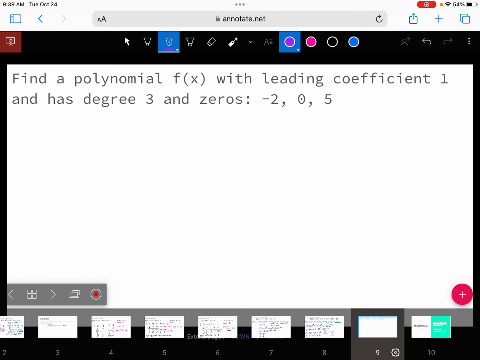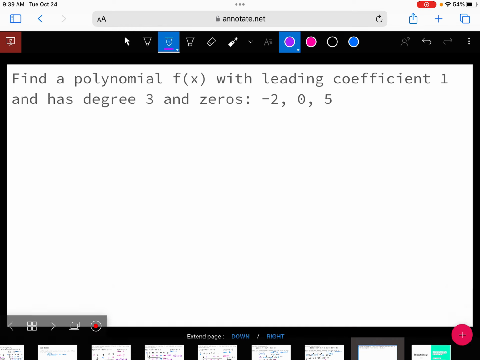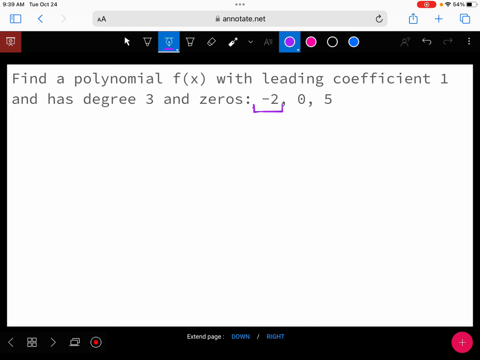So it's kind of going backwards from what we did, where we had factors and we found our roots. Here we've been given roots and we're going to find our factors. How do I write a factor that has a root of -2? x plus 2. How do I write a factor that has a root of 0? x.